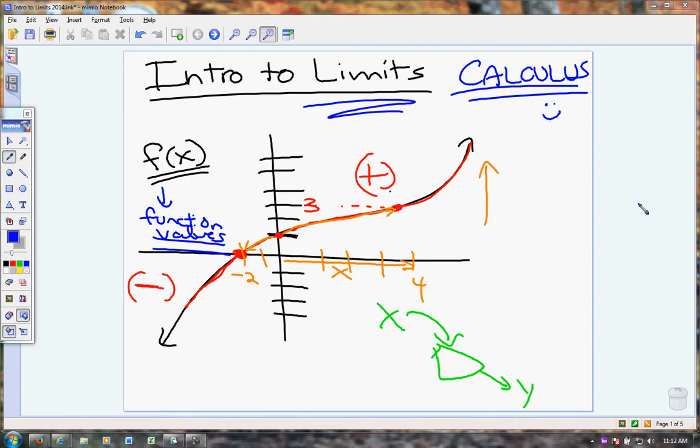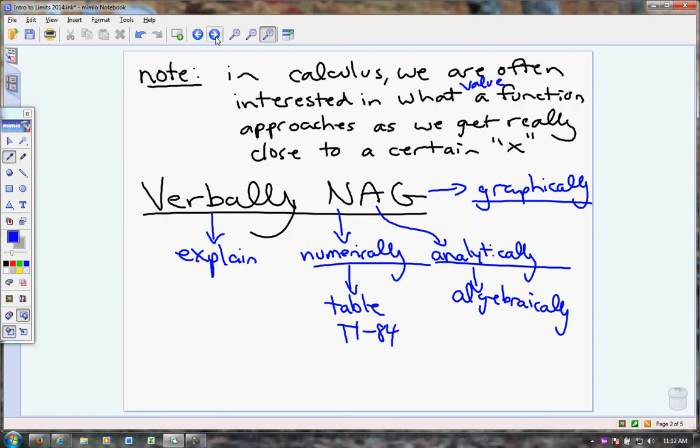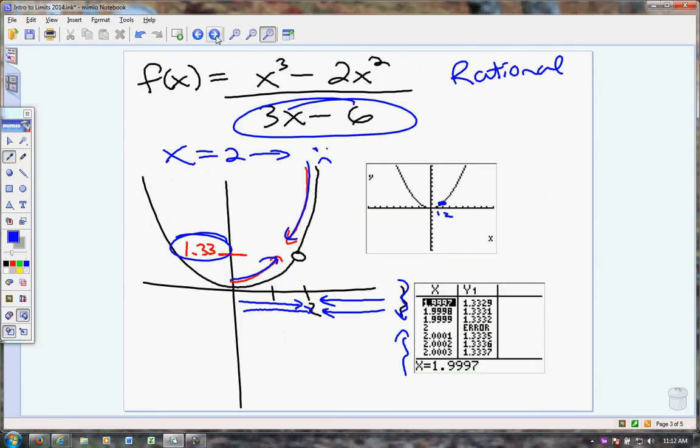Going to extend our discussion of limits, and I do have up here what we talked about yesterday. We spent a lot of time talking about function values, and we even looked at a particular function, and we said as we got really close to 2, the function approached the value of 1.33.